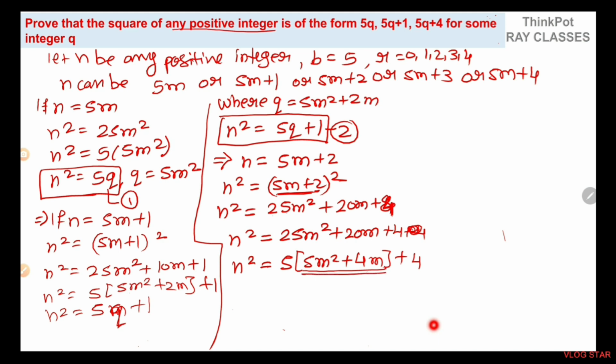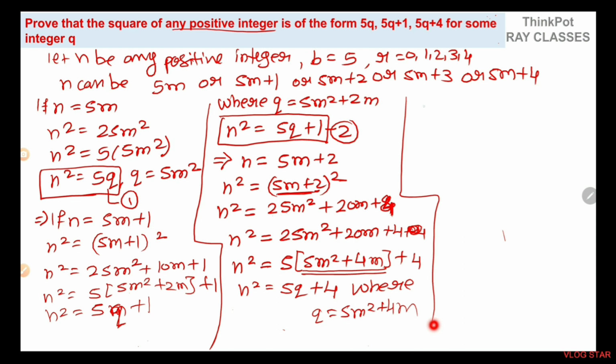So we can take this term as common, n square is equal to 5q plus 4, where the value of q is equal to 5m square plus 4m. So what we are getting here is n square is equal to 5q plus 4.